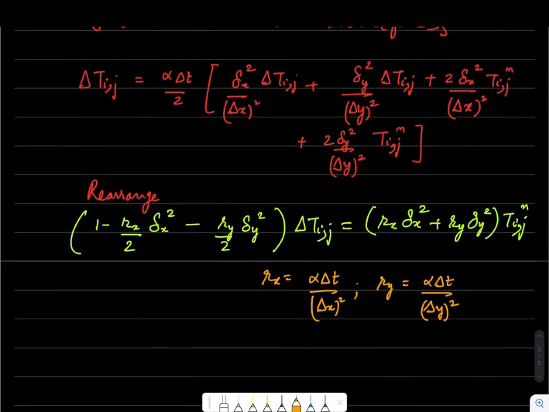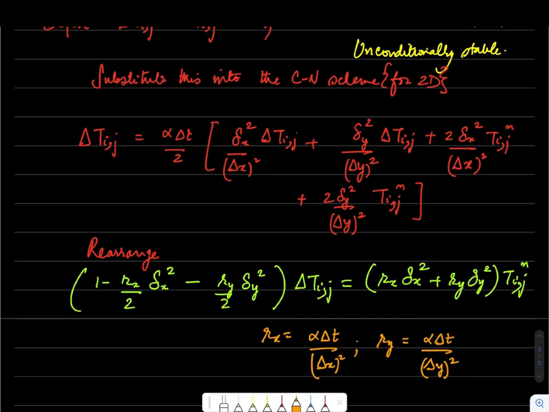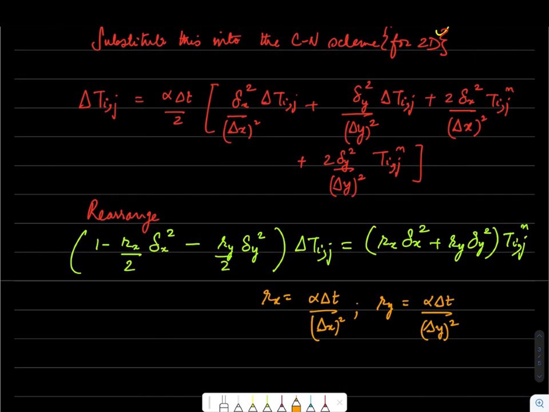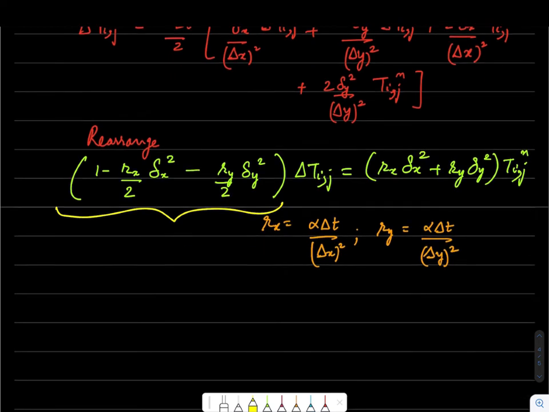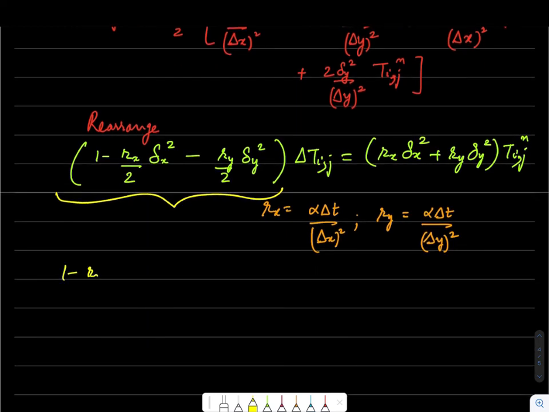Now the method was called approximate factorization. So let me tell you why we call it approximate factorization. What we are going to do is factor or write this left hand side as an approximate factor. So I'm going to write this as 1 minus rx by 2 del x square minus ry by 2 del y square.